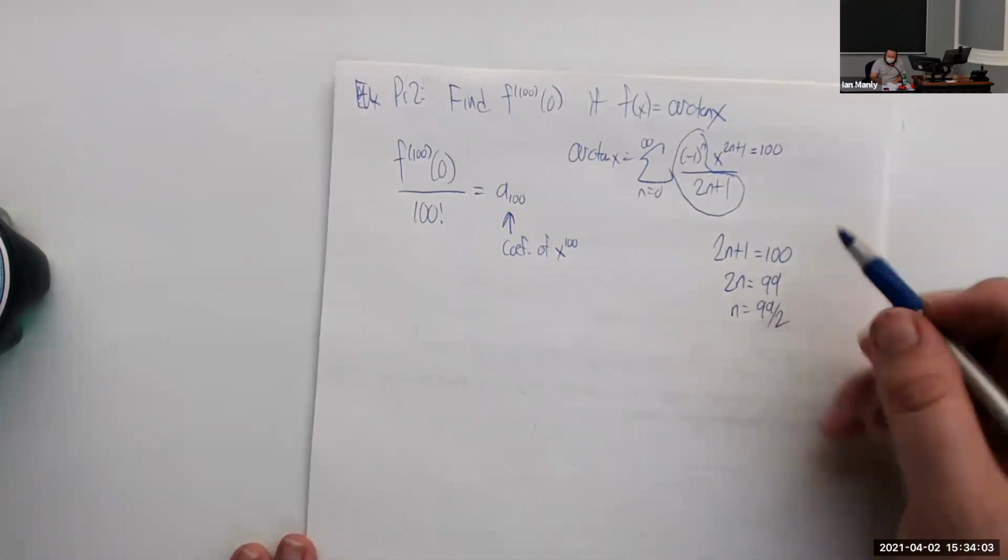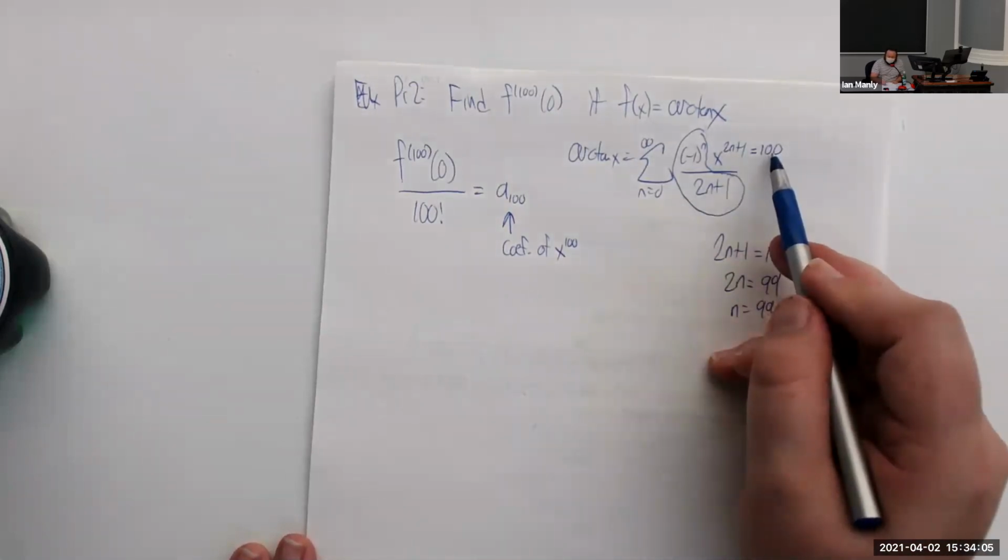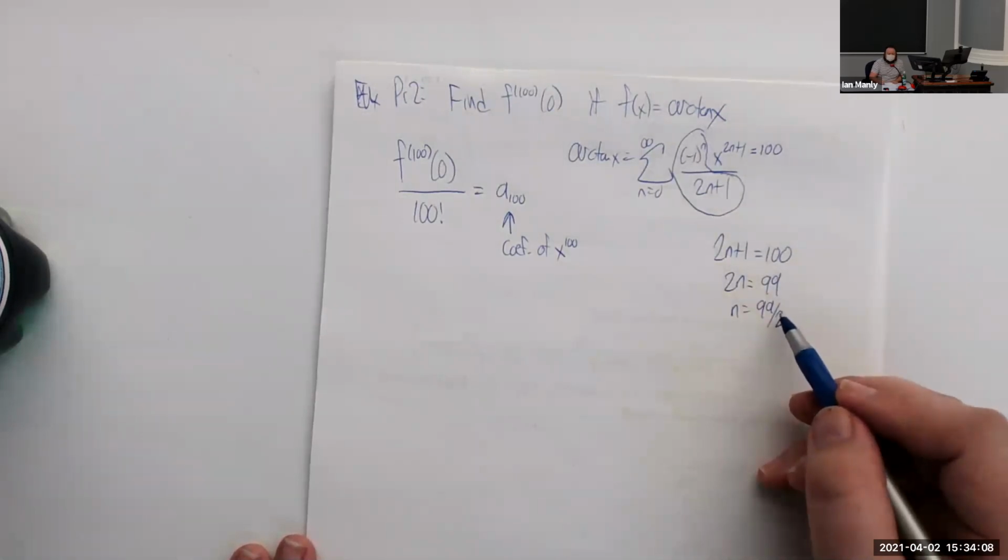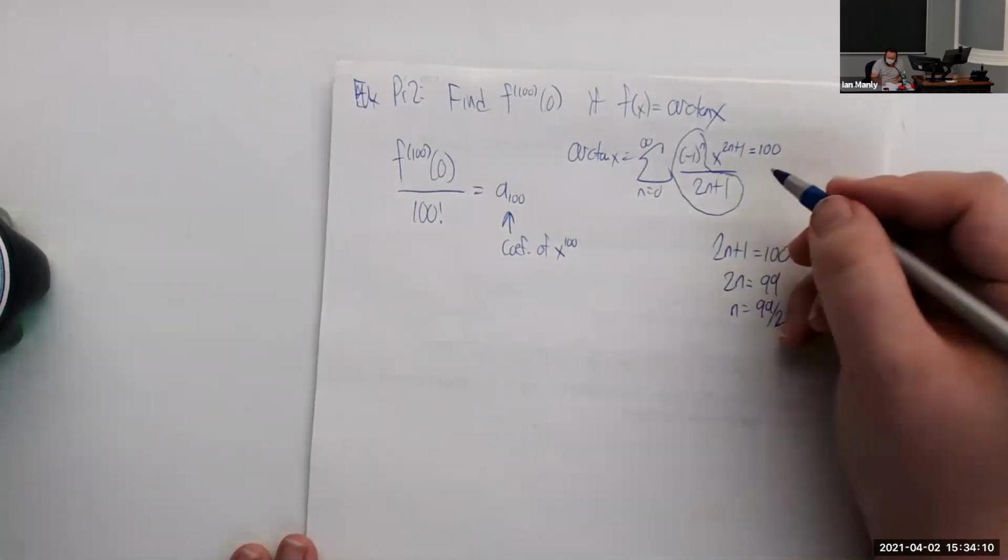So that means that the only possible index that could have made this 100 is something that we're going to skip over anyways. Let me explain what's happening here.